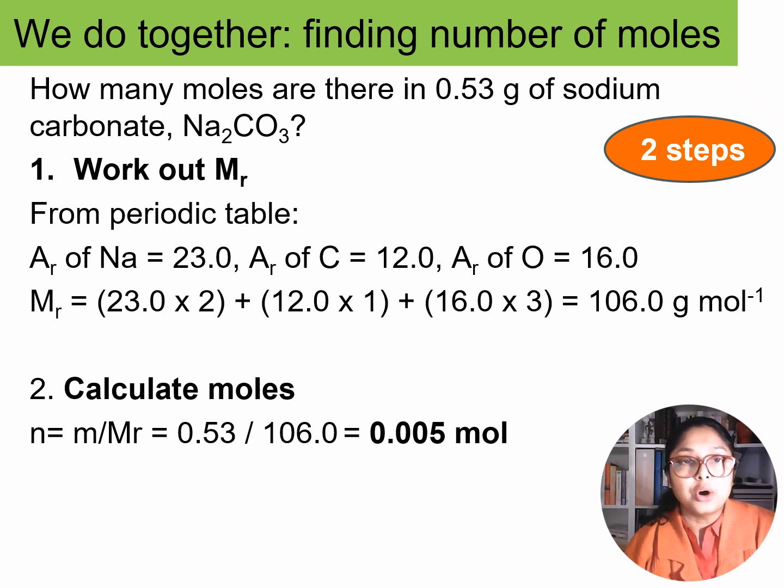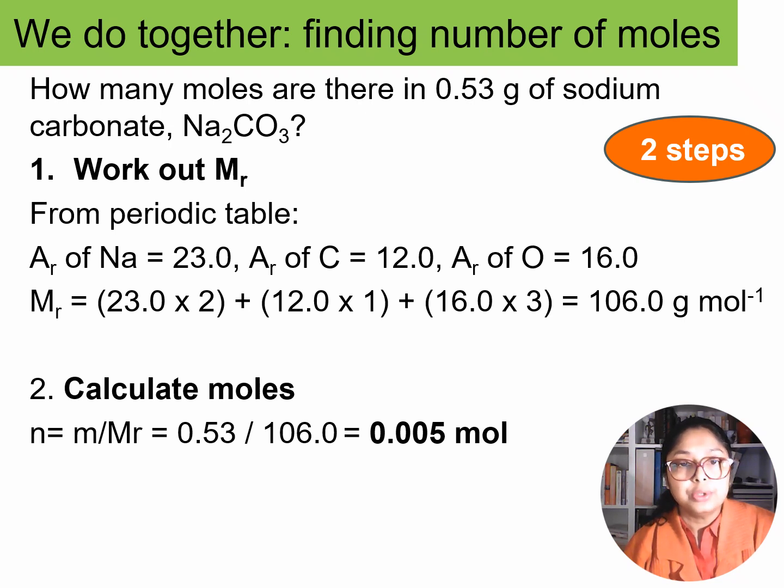Now, moving on to step 2, to calculate moles. We'll be using the equation n equals m over Mr. You have to get all the values. Now, in the question they have said 0.53 gram, that is the mass.